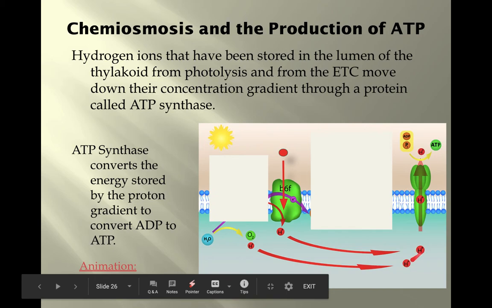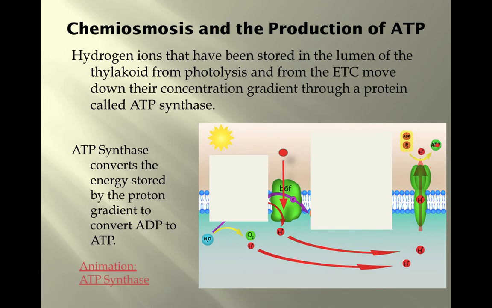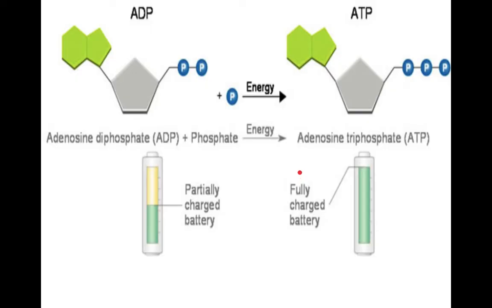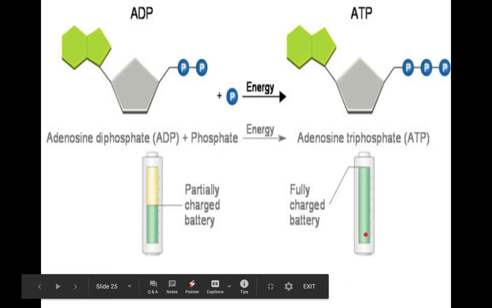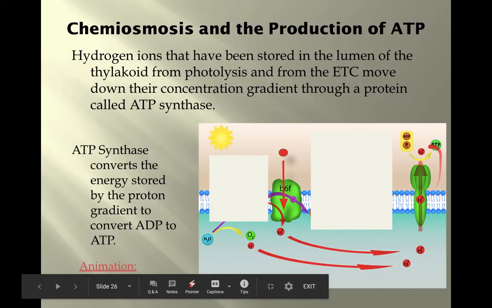In this situation, protons are released through ATP synthase, and ATP synthase is going to produce ATP. It's going to run the reaction that will fully charge the battery. This reaction here is ADP plus phosphate to produce ATP, in the ATP synthase.